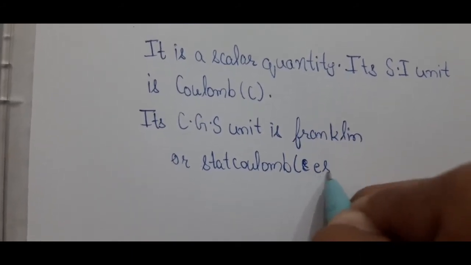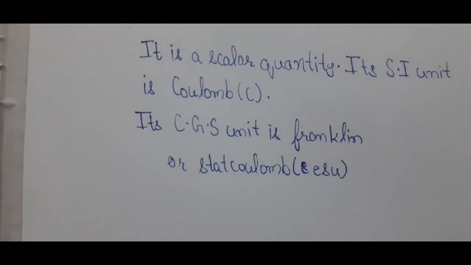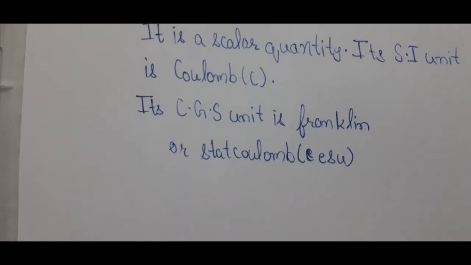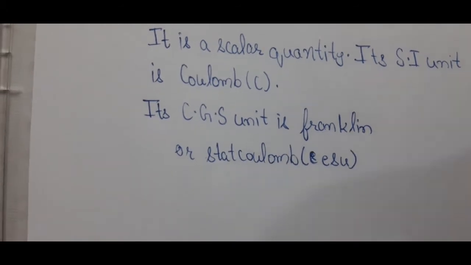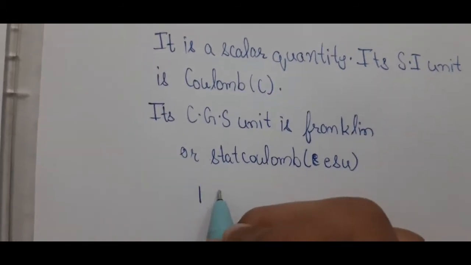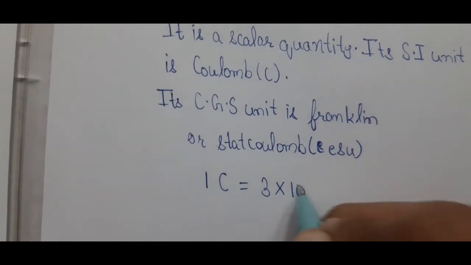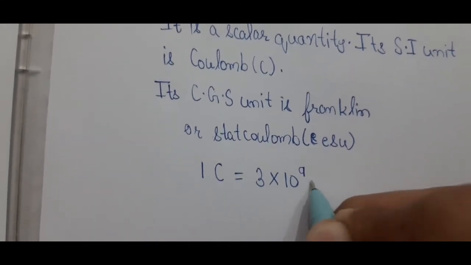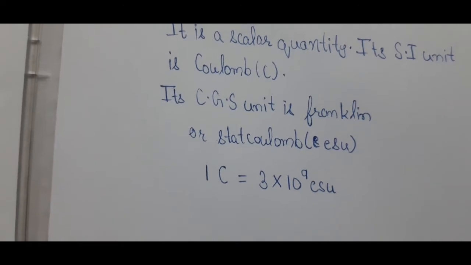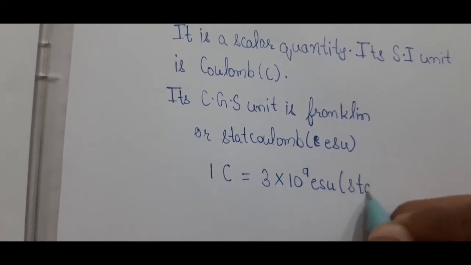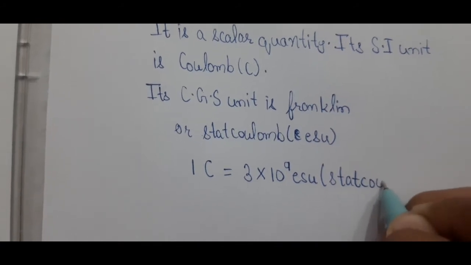It is denoted by ESU. So what is the relationship between coulomb and stat coulomb? 1 coulomb is equal to 3 into 10 to the power 9 ESU, means stat coulomb.